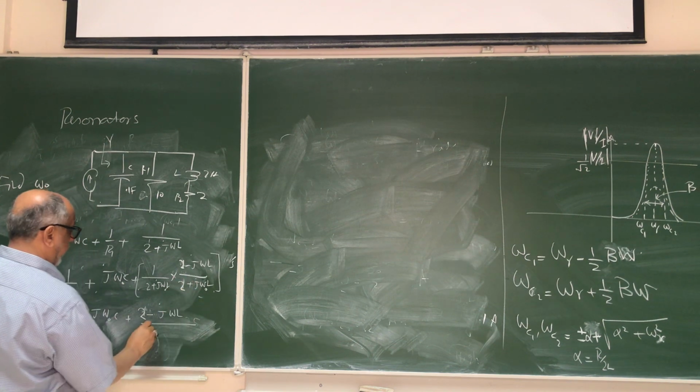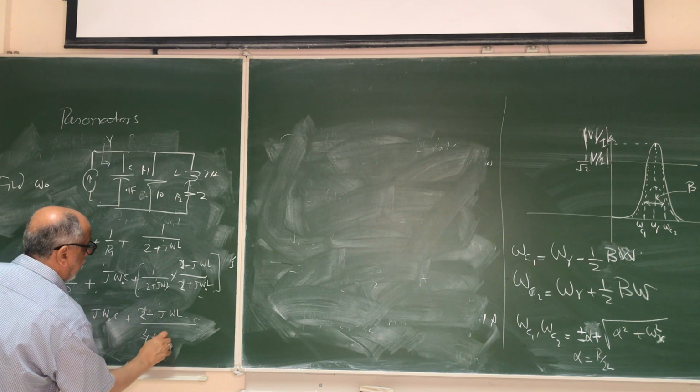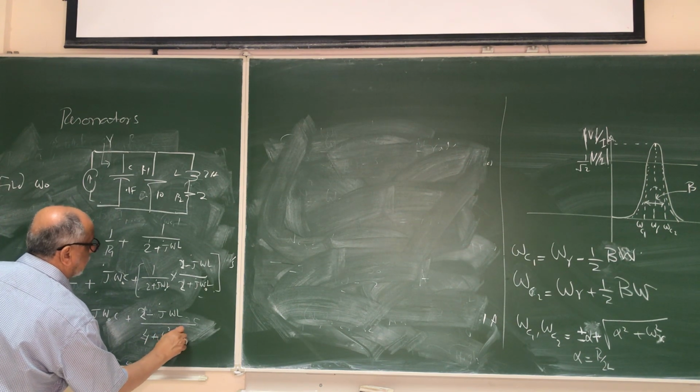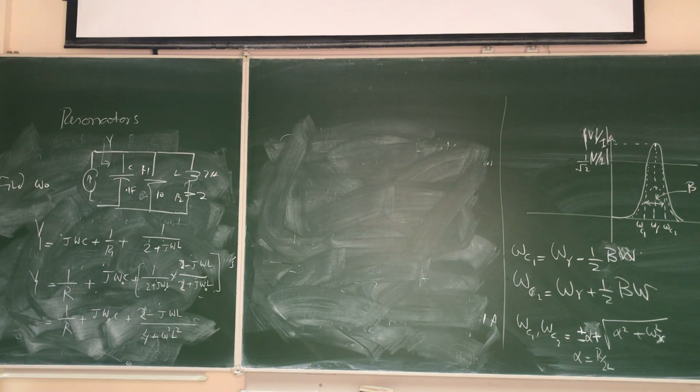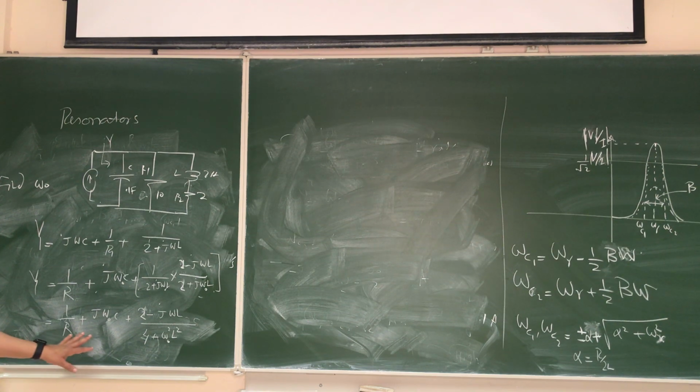4, because this will be the magnitude, plus omega naught square L square. Okay? So now we can rearrange this.